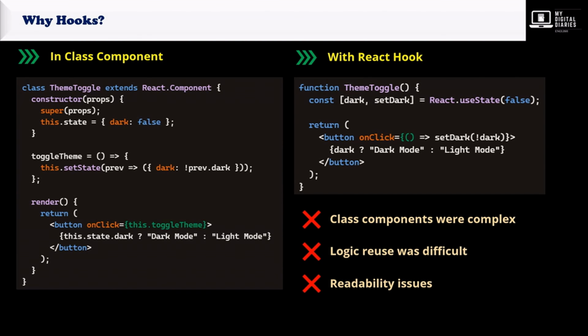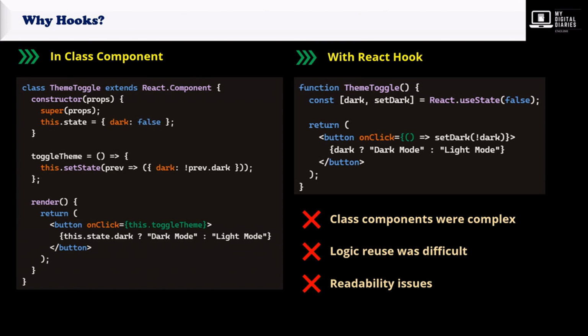And the third problem is readability issues. You can see it with the example itself. It's very easy to read hooks in the functional component compared to the class component. In class components, related logic ends up in different places, setting up something in one lifecycle method and cleaning it up in another. When the logic is split like this, it's easy to miss something and bugs can creep in.